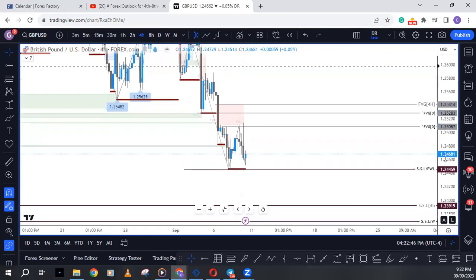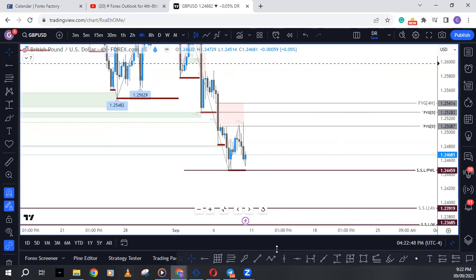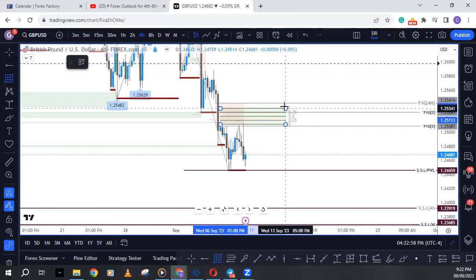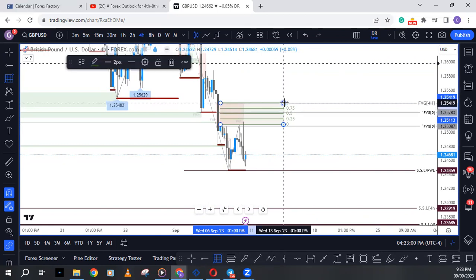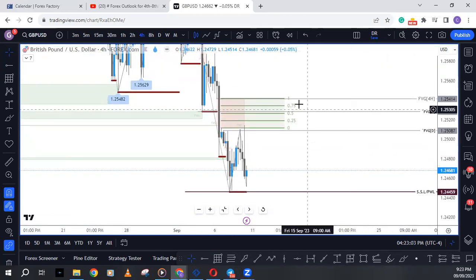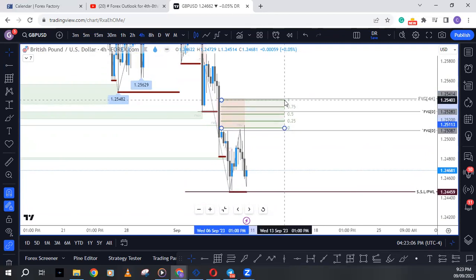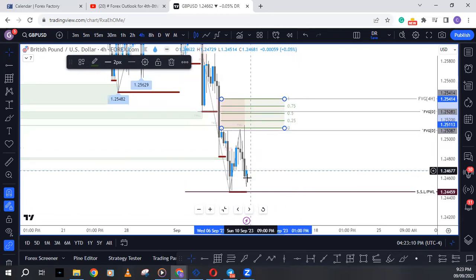And if it rallies into this 4-hour fair value gap, the consequent encroachment of this is almost equal to the daily fair value gap. That's where the daily fair value gap lines up. That's almost there. So I prefer to see a retracement here, then a rejection lower.